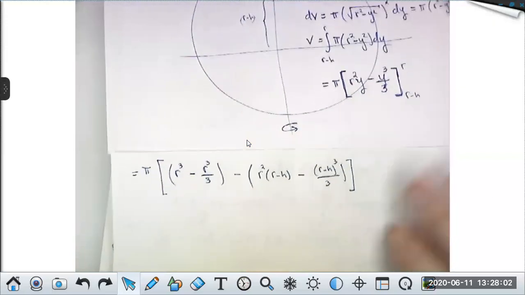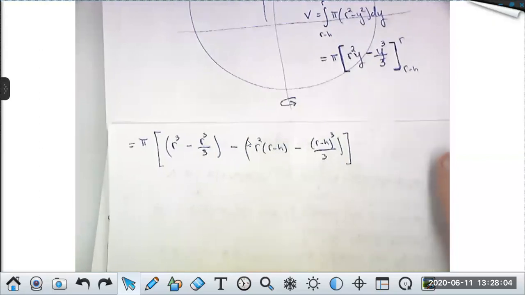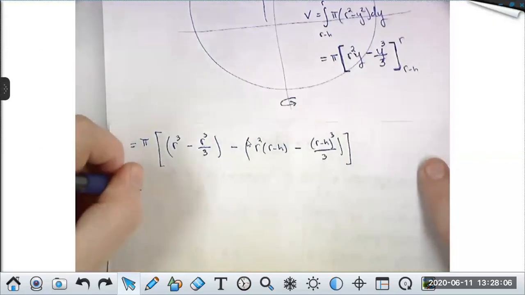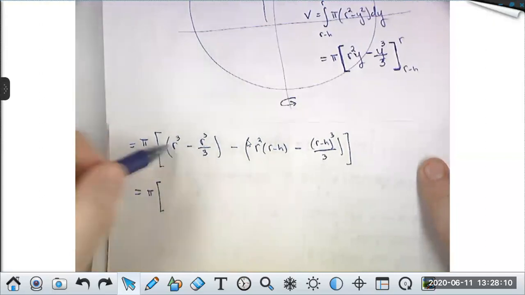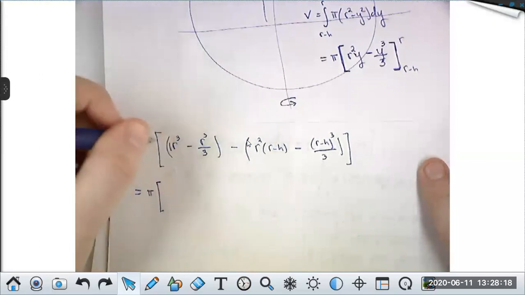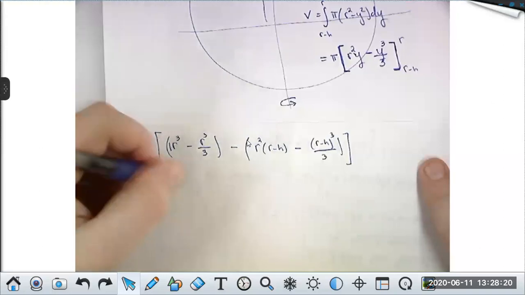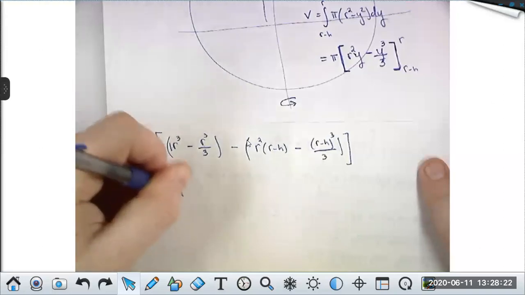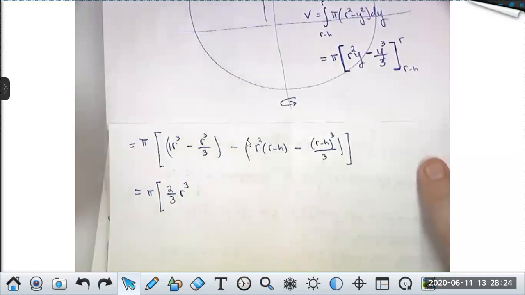Is there a way to simplify this? Yeah, for sure. So it'd be R cubed, that stays the same pretty much. These are like terms, right? Both are R cubed, so you can subtract. R cubed minus 1/3 R cubed.